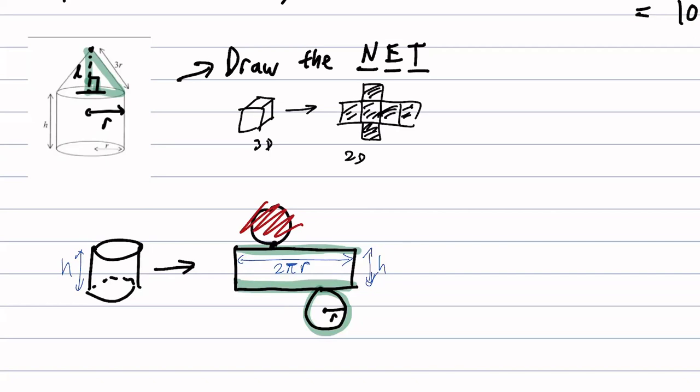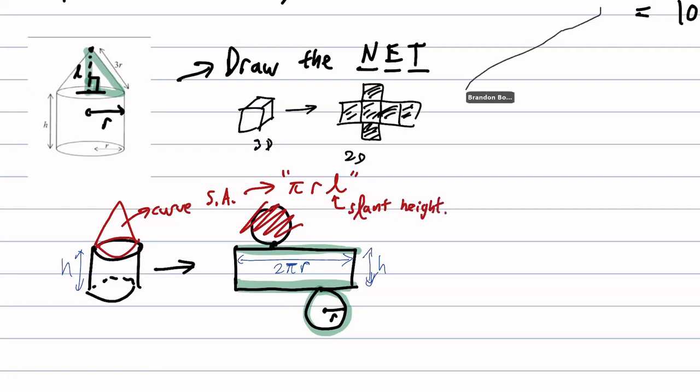I'll just give you the formula. For the cone, the curved surface area, you need to use pi R L, where L is the slant height. The curved surface area of a cone is actually a sector. Is it important? Not important. Never mind.